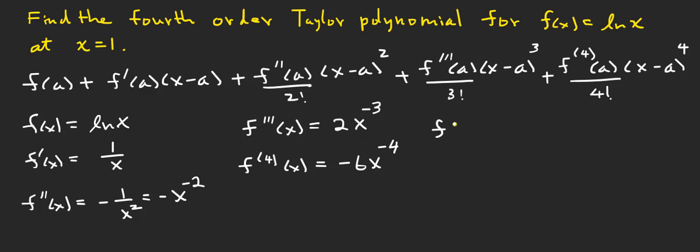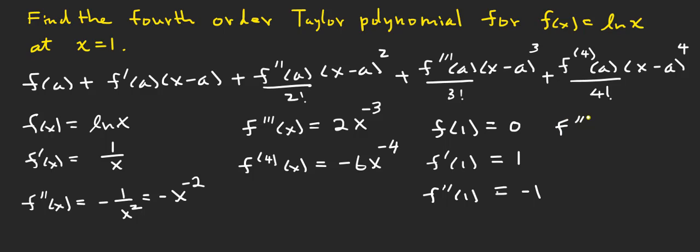So now what is f of 1? You've got to find f of 1 because our a is 1 now. Natural log of 1 is 0. What about f prime of 1? f prime of 1 is 1 over 1, which is 1. f double prime of 1 is negative 1.